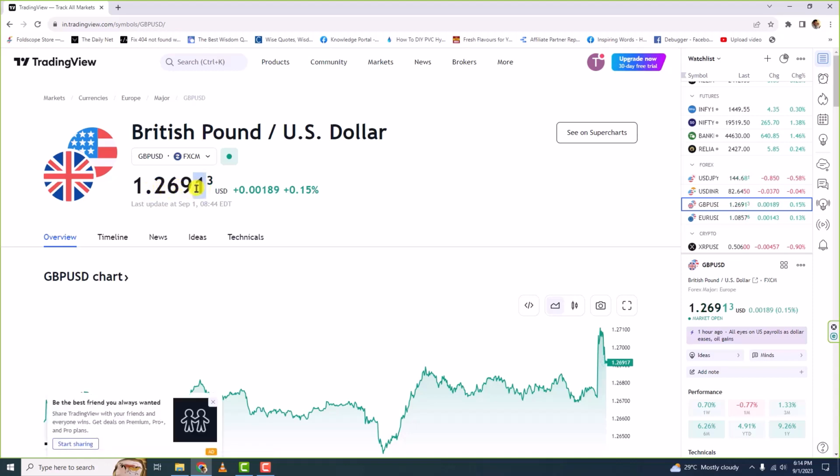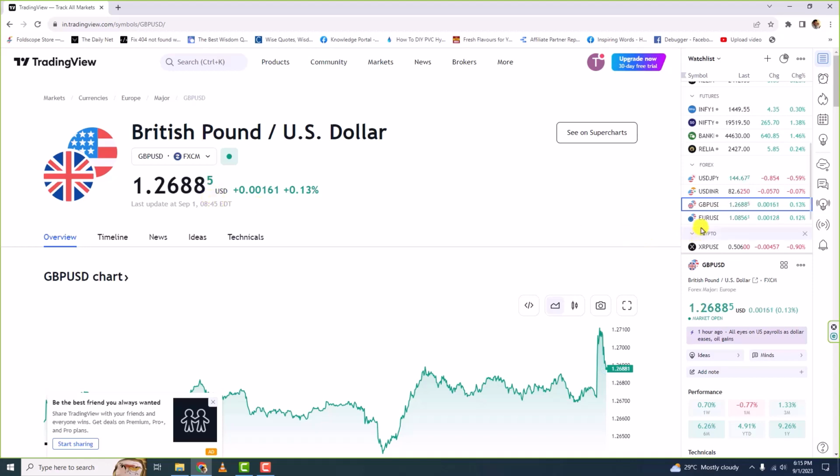The fourth digit after the dot is the pip, so it is 2 right now. The pipette is what you see here written in small font. So 9 is the pipette now, 7 is the pipette now, 0 is the pipette now, 2 is the pipette now, and so on.